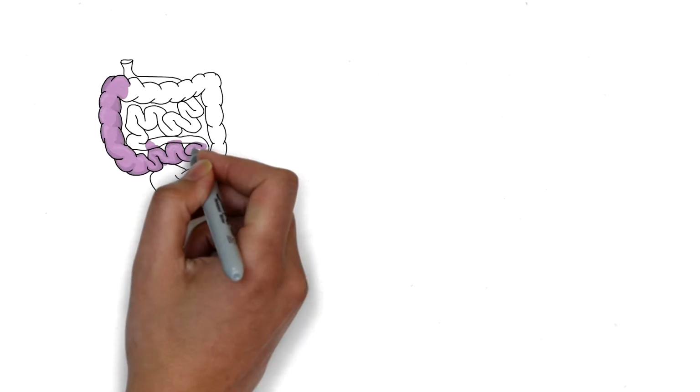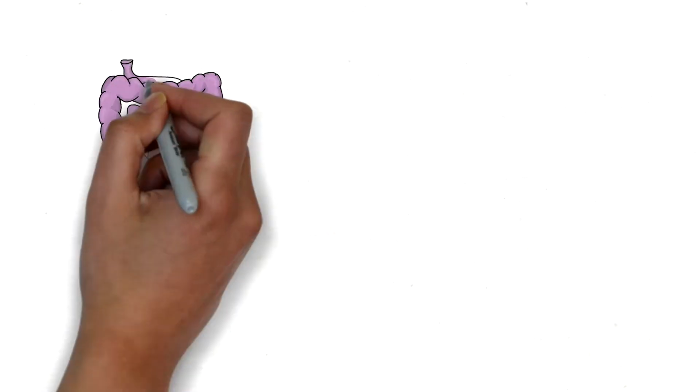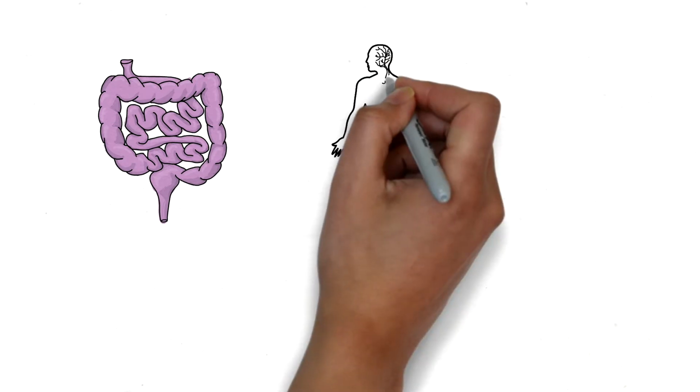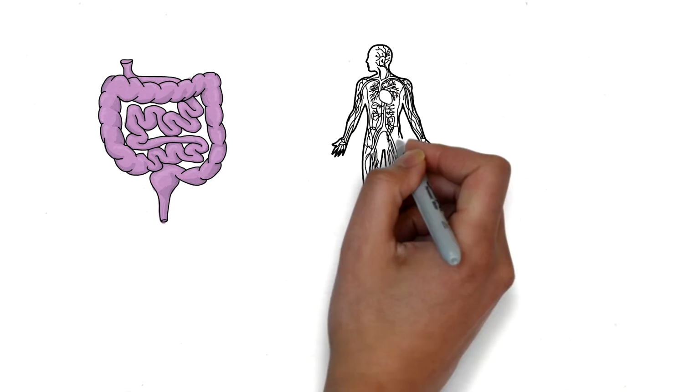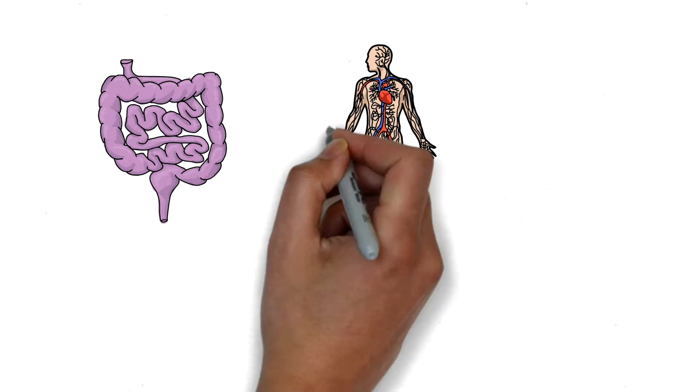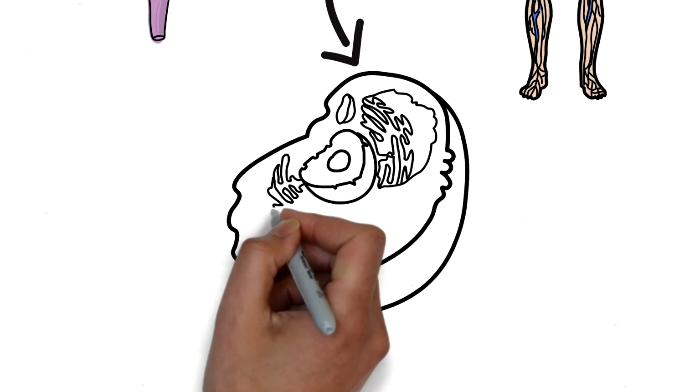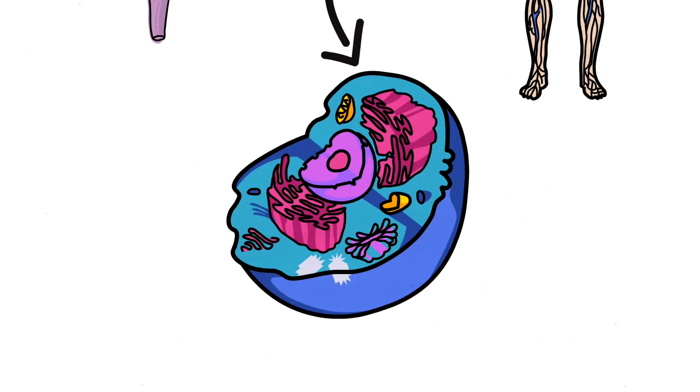In brief, the breakdown process is carried out until glucose is produced and has reached your intestine. Here it will be absorbed into the bloodstream. Your blood will be responsible for delivering glucose to cells within your body, and here, finally, glycolysis can take place.